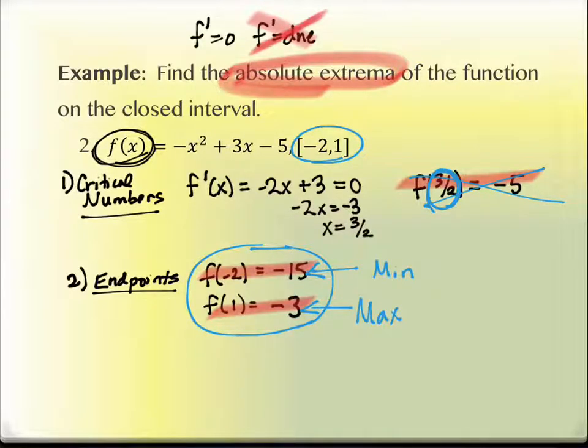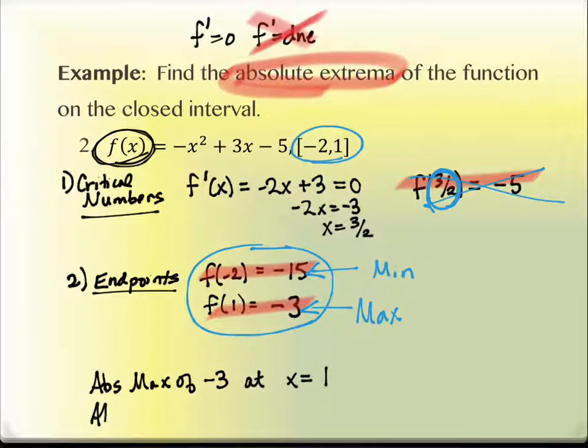So how do we write that? Well, there's a couple of ways to write that. The way that I've got written down here, which must mean that this is the way that your book focuses on, is to say that we have an absolute max of negative 3 at x equals 1.